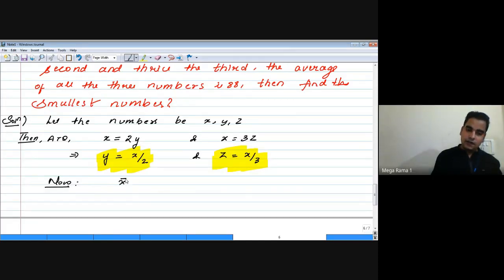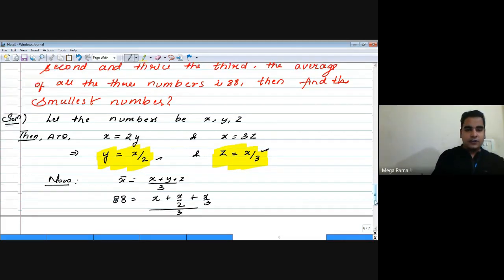The average of x plus y plus z, divided by 3, because we are calculating the average of three numbers. The average is 88, x remains as it is, y is x by 2, and z is x by 3.